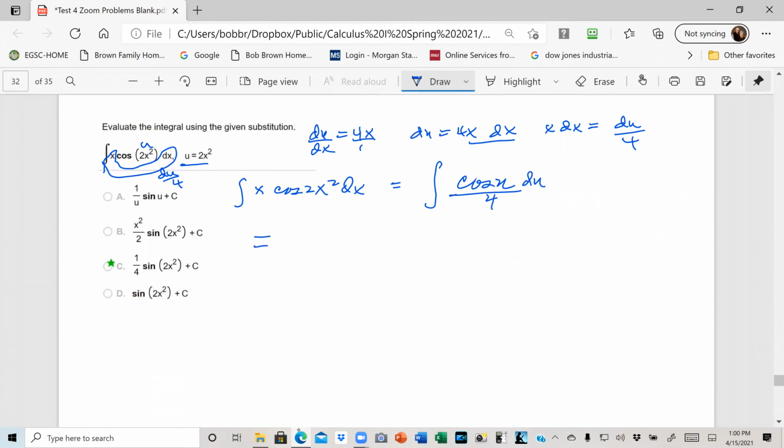And calculating the antiderivative, that would be sine of u over 4 plus a constant. And remembering what u is, it's going to be sine of 2x squared over 4 plus a constant.